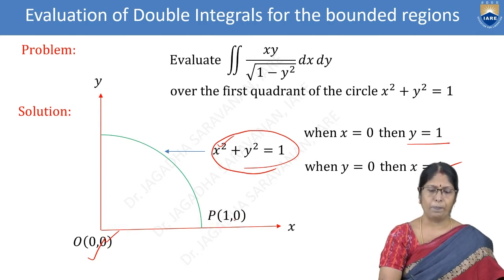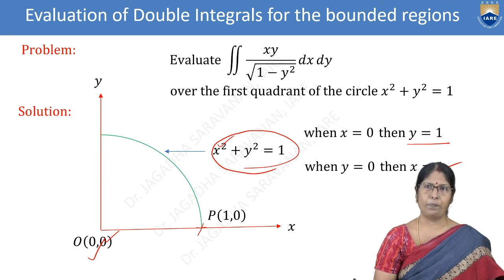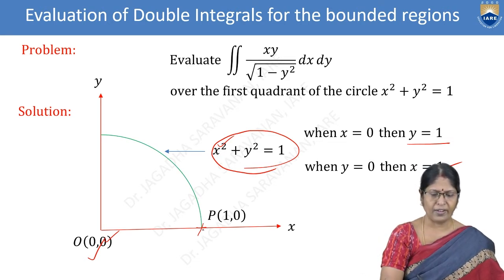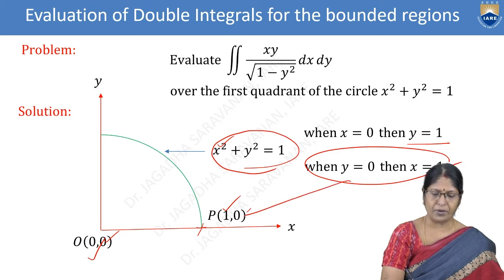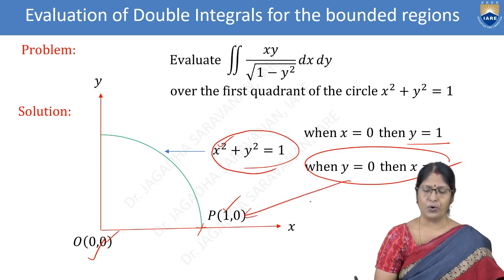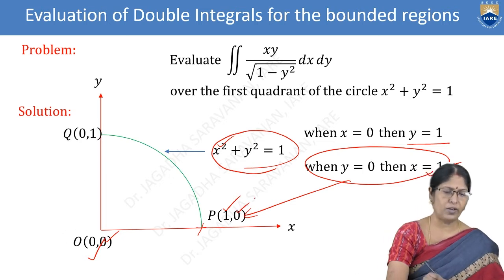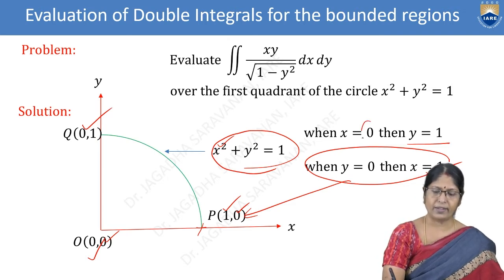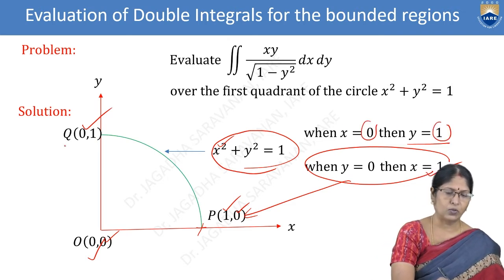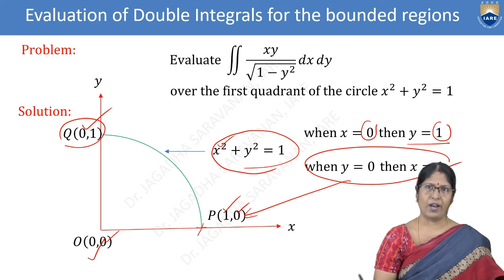So this point we are naming as capital P, and it touches the x-axis at the point 1, 0. X is 1, y is 0. This point name we are giving Q. And here x is 0, y is 1. So Q of 0, 1.